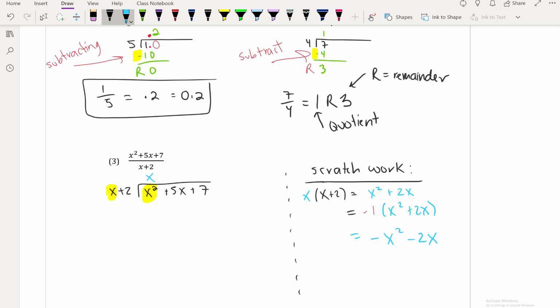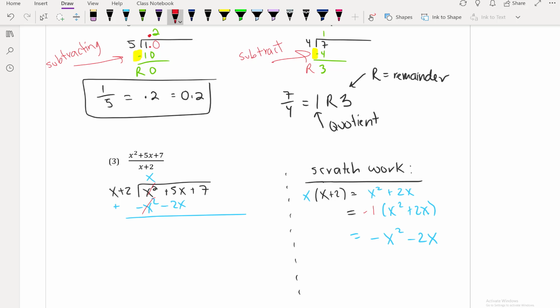So now, I'm going to think about this. And so I'm going to write that down below. So it's a negative x squared minus a 2x. And now I can add them together. And so the x squareds are going to cancel because they're opposite. Perfect. That's exactly what I wanted.